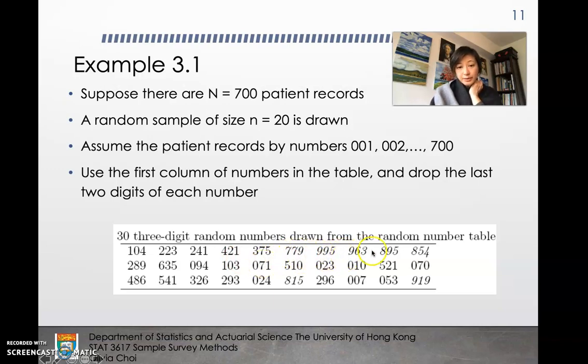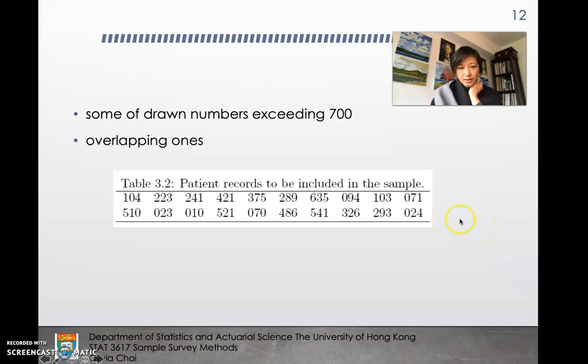So to be easier, we take 30 random numbers and ignore those greater than 700. Then we can find the non-overlapping patients, because we assume we are sampling without replacement. So we can randomly choose 20 of the samples from the patients.